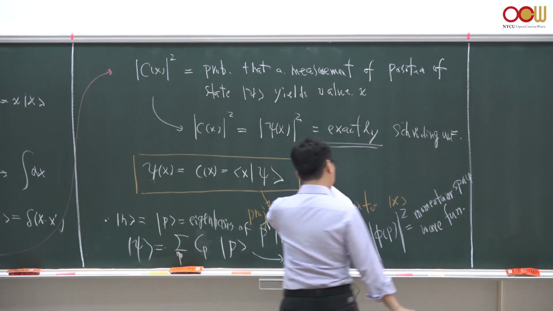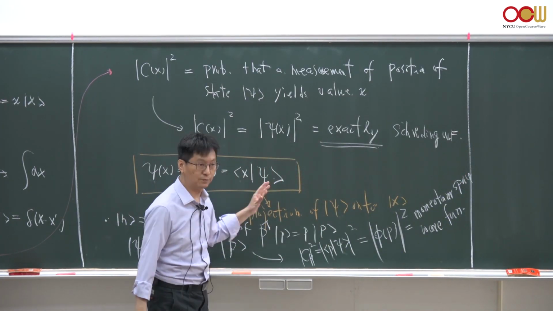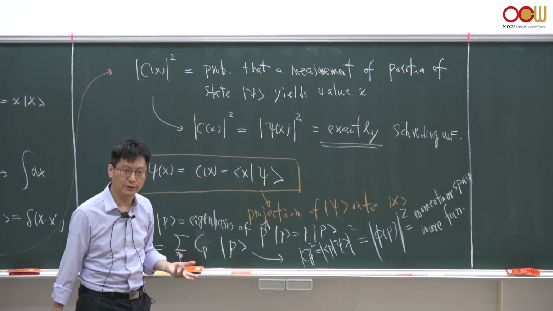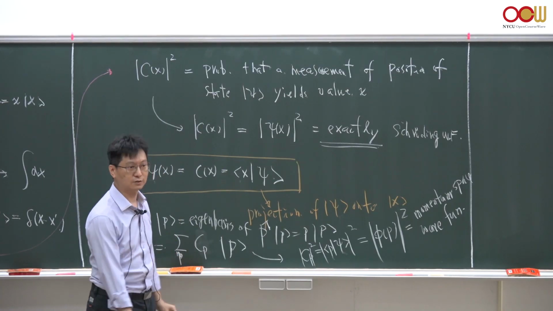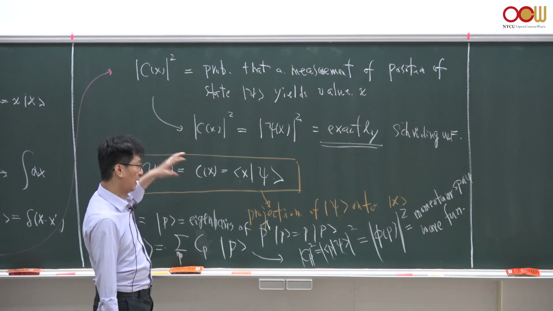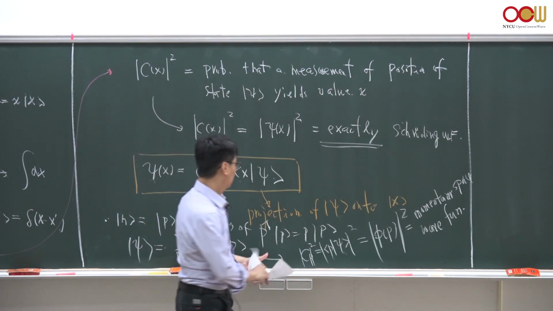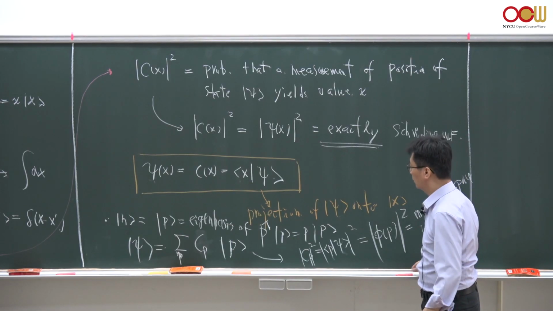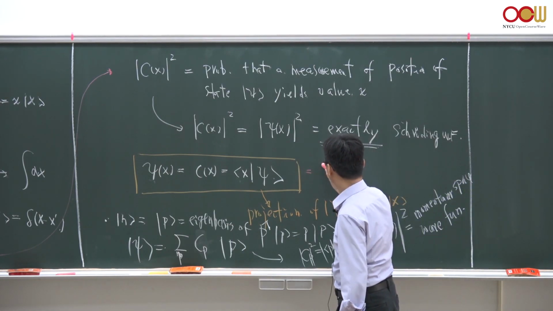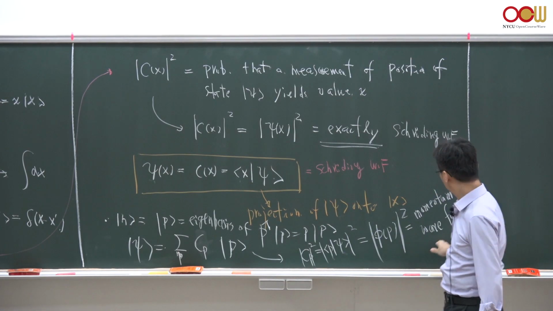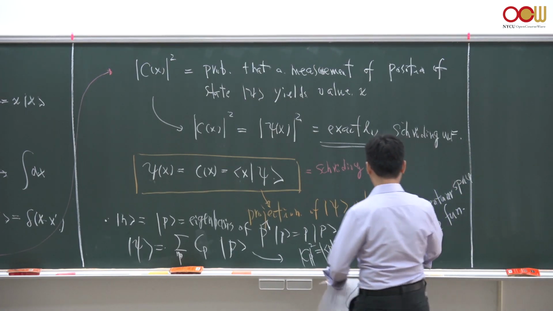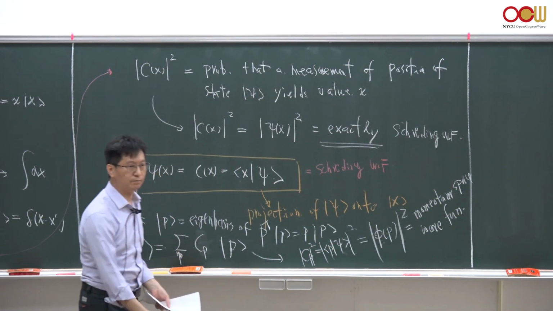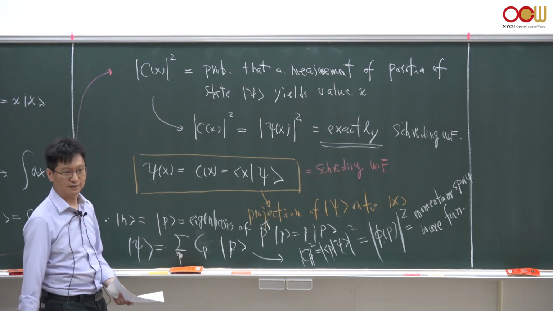So remember, in chapter 1 or chapter 2, we defined the momentum space wave function as a Fourier transformation of the Schrödinger wave function. Right? So here I can actually produce two different wave functions. One is the Schrödinger wave function. Another is the momentum space wave function phi of p, by using the same Dirac state.